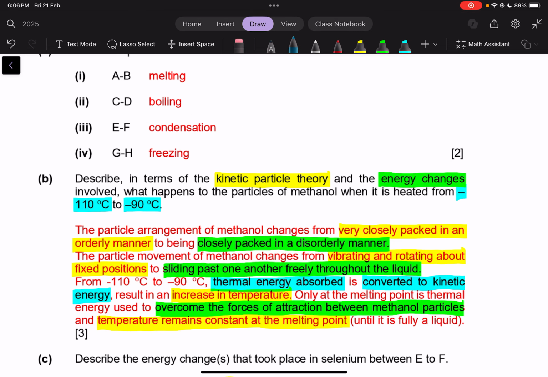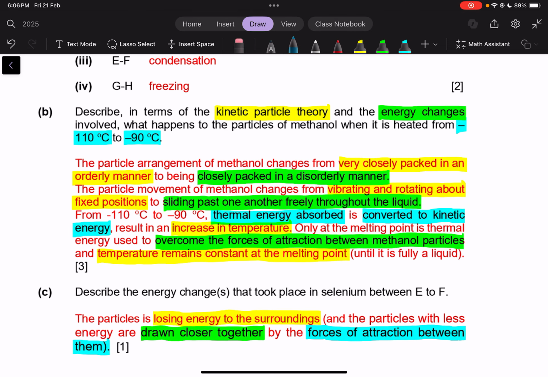So at the solid-liquid portion, the particles become closely packed in a disorderly manner. So first, state the change in the arrangement. Second, state the change in the particle movement. Then the last portion is to always state why the temperature did not change during the melting process.